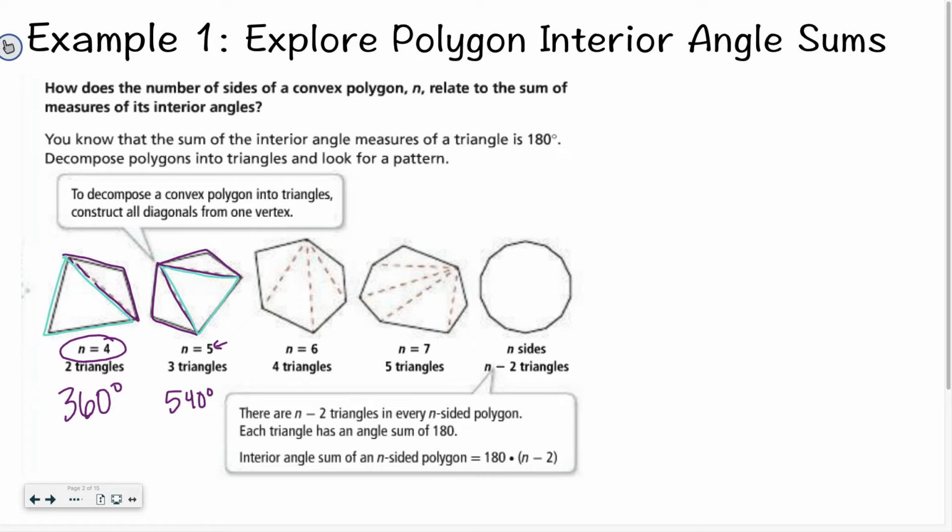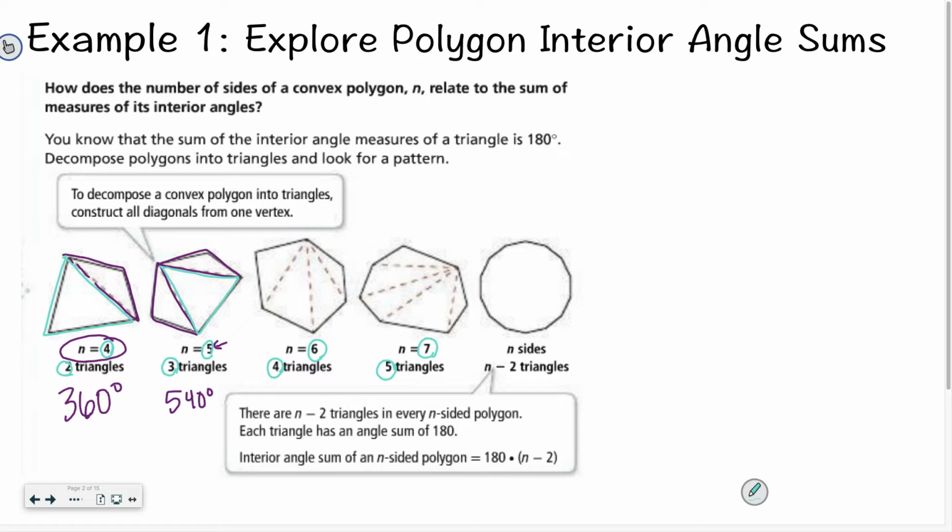So you can do that with any polygon. You can decompose it into multiple triangles. So the pictures continue. If there's 6 sides, it's 4 triangles. If there's 7 sides, it's 5 triangles. So notice 4 sides gave us 2 triangles, 5 sides gave us 3, 6 gave us 4, 7 gave us 5.